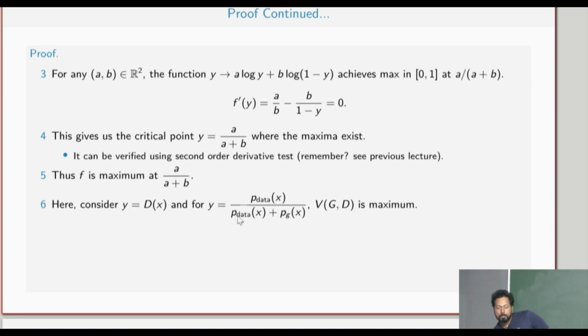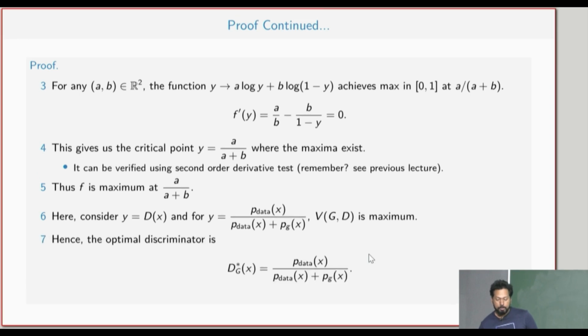That's when this is maximum for a given g. So the optimal discriminator, since it's optimal, we use star, which is a convention in optimization. This refers to the optimal d. It will be of the form p data divided by p data plus pg.